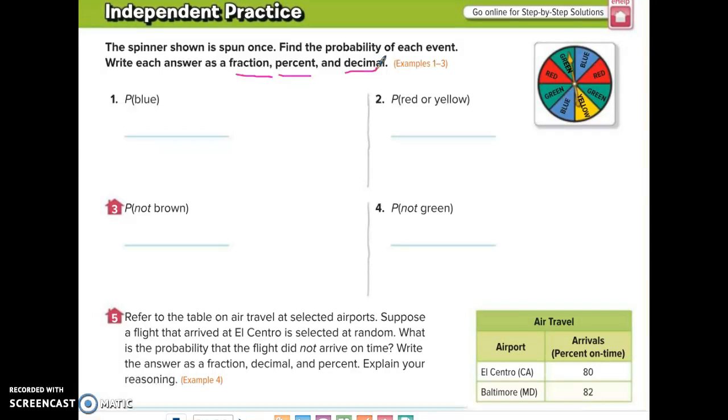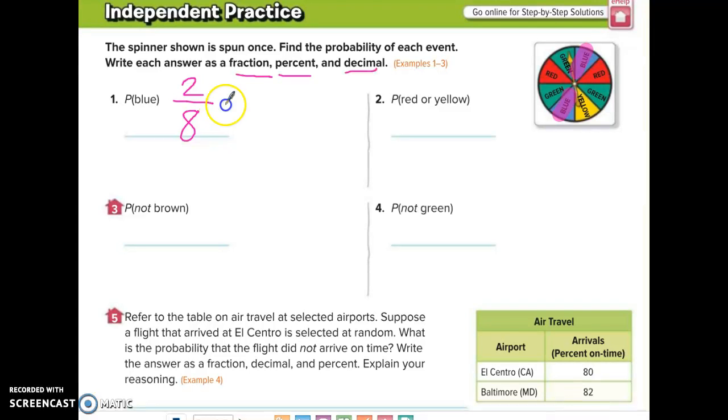So here's our spinner. We need to find the probability of spinning blue. So I have 2 options of spinning blue. So that goes on top of my ratio. I have 1, 2, 3, 4, 5, 6, 7, 8 total outcomes. So 2 out of 8. Okay?